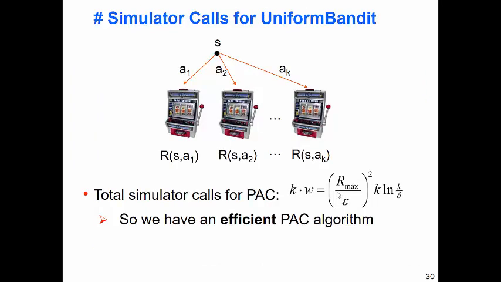And I think we're just about done. So just to finish, now we can consider, well, what's the total number of simulator calls, right? The total number of calls to our simulator, or the number of arm pulls. That's going to be K, the number of arms, times W, right? And if we look at our previous slide and look at W, this is what we get, right?